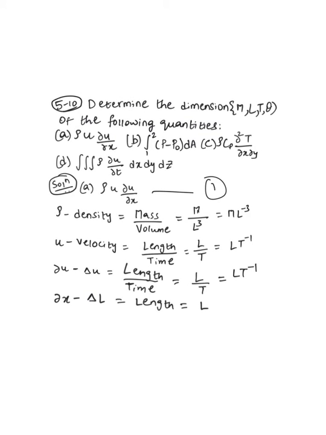You will have rho u dou u by dou x equals M L power minus 3 multiplied by L T power minus 1 multiplied by dou u, which is L T power minus 1, divided by L. L and L get canceled, and this L gets canceled with the one here, leaving minus 2.